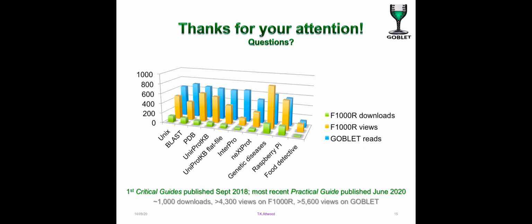So I think that's telling us something important about the utility and value of these things. And the second most popular is the Raspberry Pi practical guide. So I think this is a worthwhile project and one we need to pursue. And that's it. That's all I have to say.